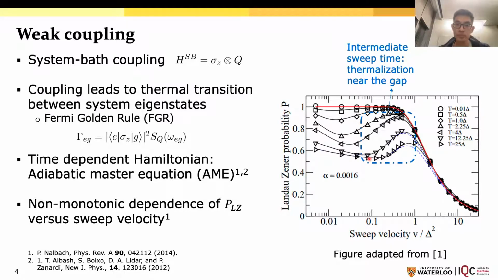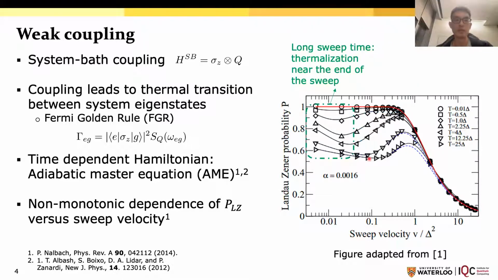And as you extend the sweep time longer, you see that the transition probability starts to increase again, and that corresponds to the system thermalizing into a state that is close to the thermal state near the end of the sweep.